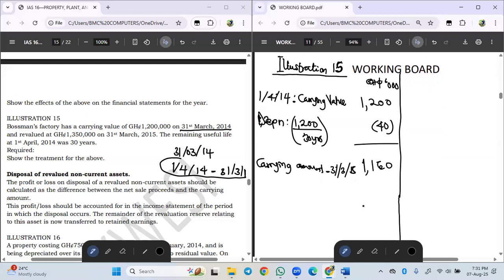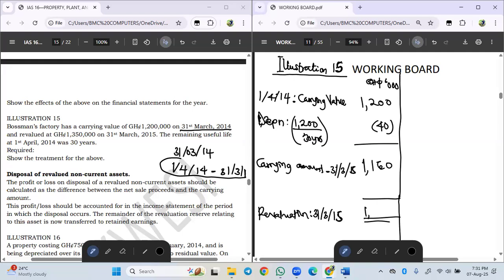And we know that the revaluation happened on 31st March 2015. So we are good to go. We can compare and find the differences because we have to determine the current amount as at the date the revaluation occurred.